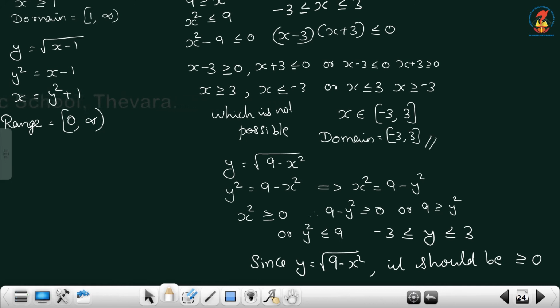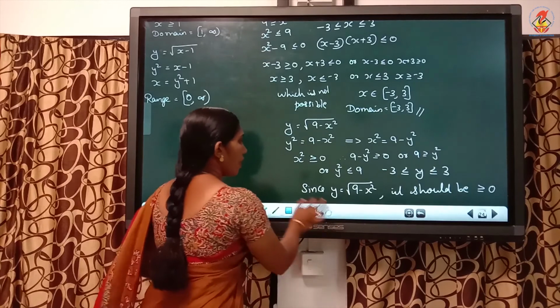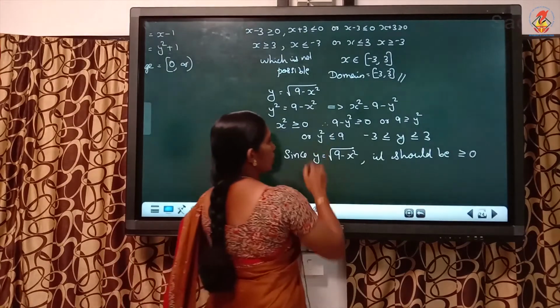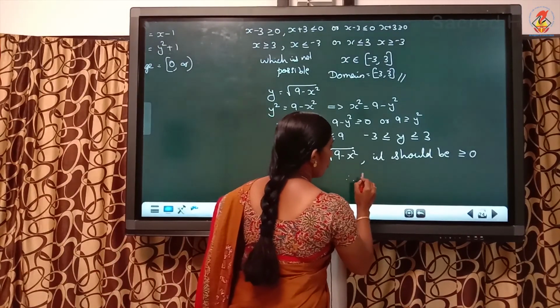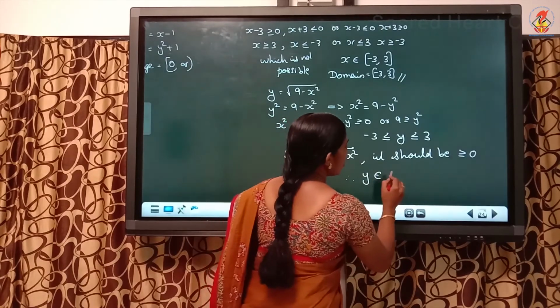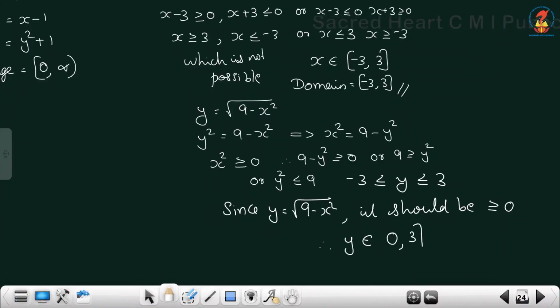So here the y value is minus 3 to 3, but the negative part you can neglect, since y is equal to root of 9 minus x square. So y you can take from 0 to 3. Therefore y belongs to 0 to 3. The negative part you have to neglect. Or range is equal to the closed interval 0 to 3.